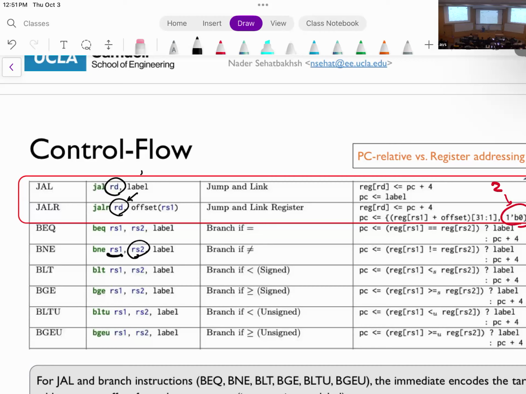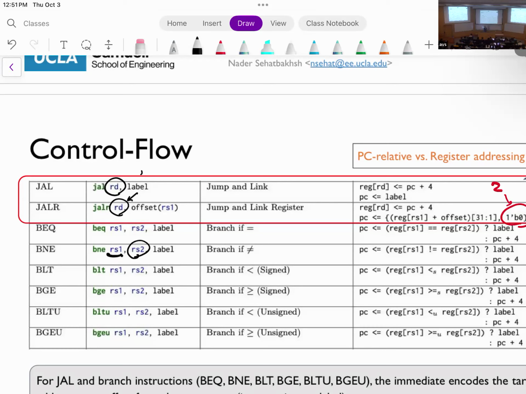But you can also provide the immediate yourself. For example, you can say, I want to jump 24 lines. You can do that too. That's actually what happens in the hardware itself. Hardware does not understand labels. It only understands addresses and addition of addresses. So what it will be translated into is the actual offset.